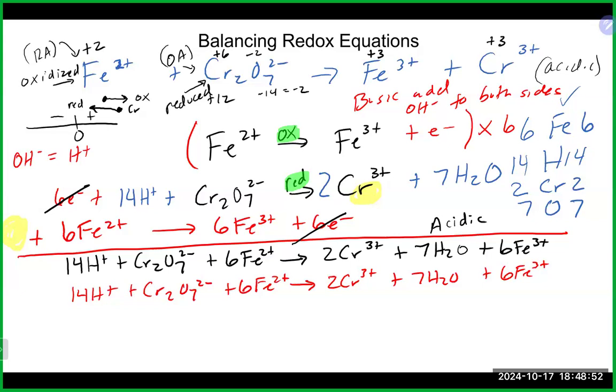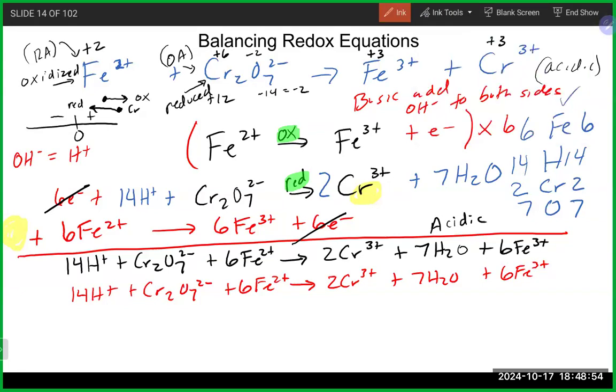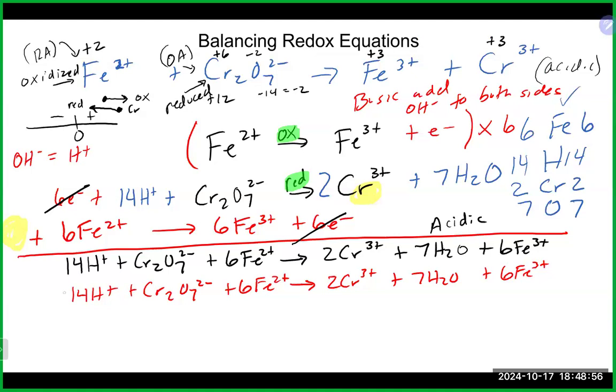That means to the left-hand side and the right-hand side, we're going to add 14 H pluses. We're going to add then 14 OH minuses to each side. So this is what's going to turn us into basic conditions in this case.